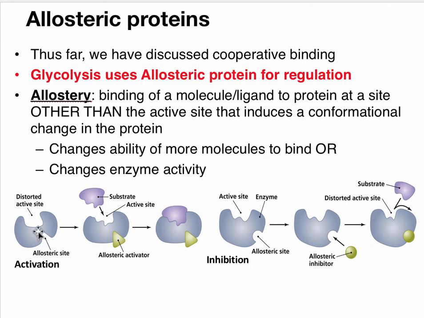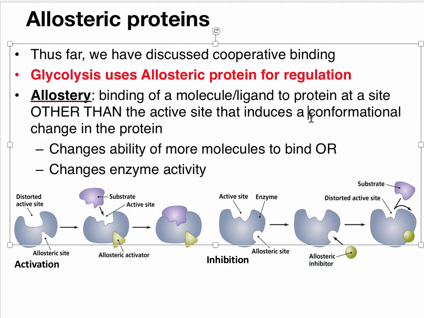One, they have a site other than their active site where a heterotropic modulator or effector will bind. Again, this can either activate or inhibit your enzyme activity, so it changes your enzyme activity. You have the ability to change the ability of more than one molecule to bind, and you always induce a conformational change in the protein. All right, so those are allosteric proteins.